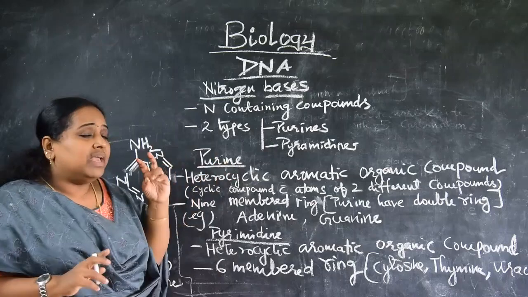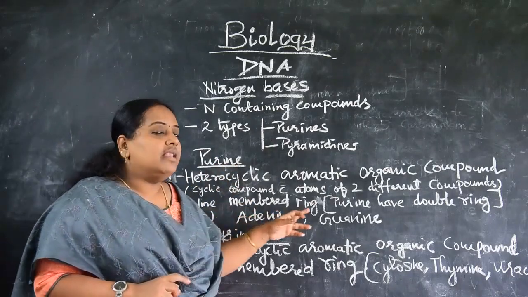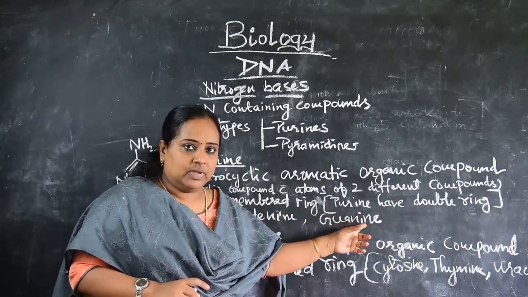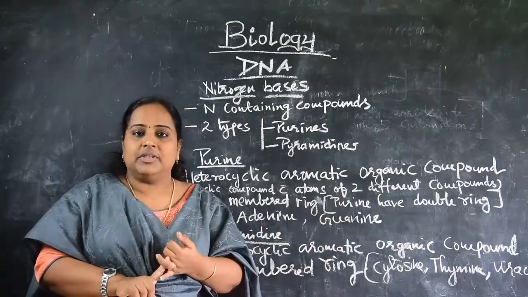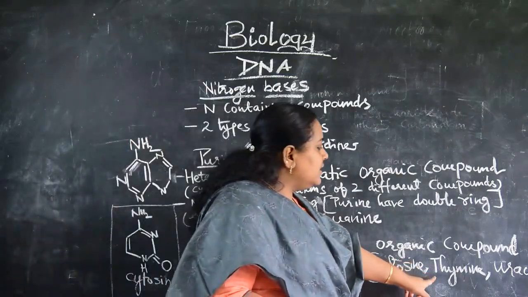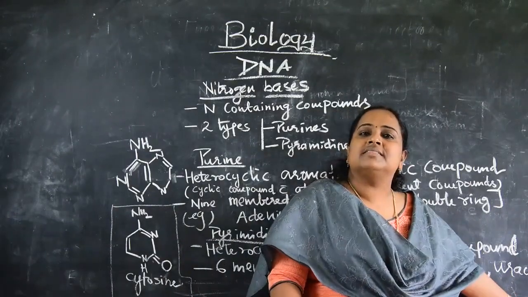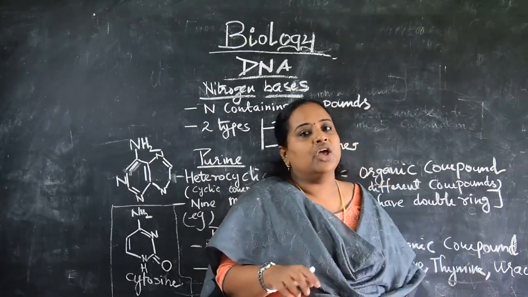What are the bases that come under purines? They are adenine and guanine. In pyrimidines it is cytosine and thymine for DNA, and in RNA thymine is replaced by uracil.